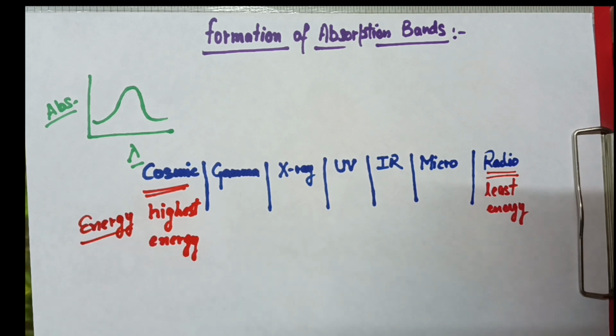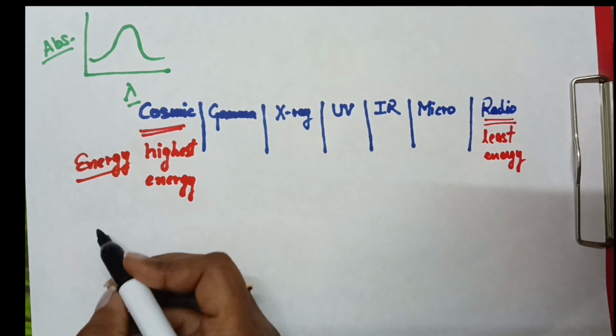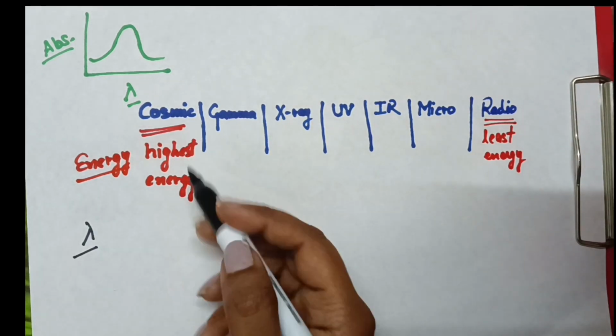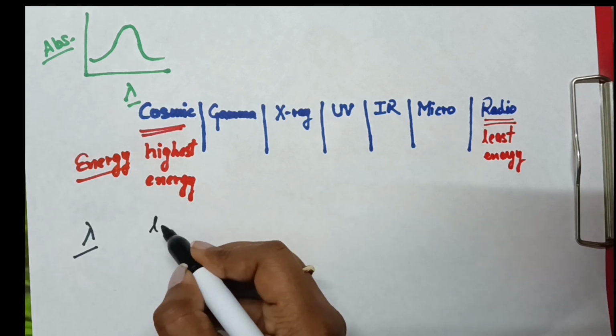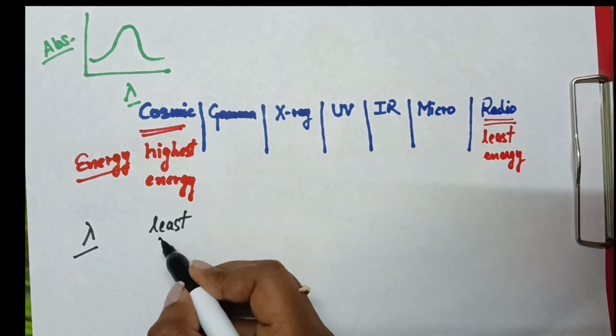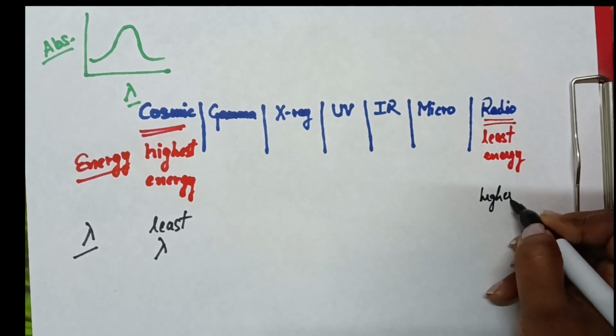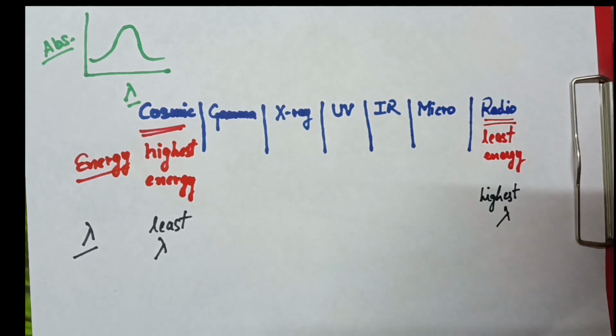And if we talk in terms of wavelength, it is just the opposite. Cosmic rays will have the least wavelength, and radio waves will have the highest wavelength required for their transition.